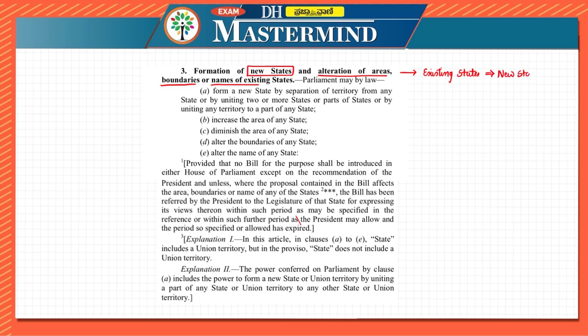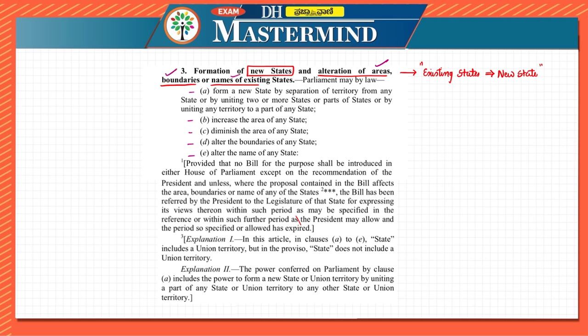That is Article 3. Acquiring a new state altogether is Article 2. There are Articles 3a, 3b, 3c, 3d and 3e. What we have seen in the article name itself, they have explained here: alteration of areas, alteration of boundaries or naming of existing states.